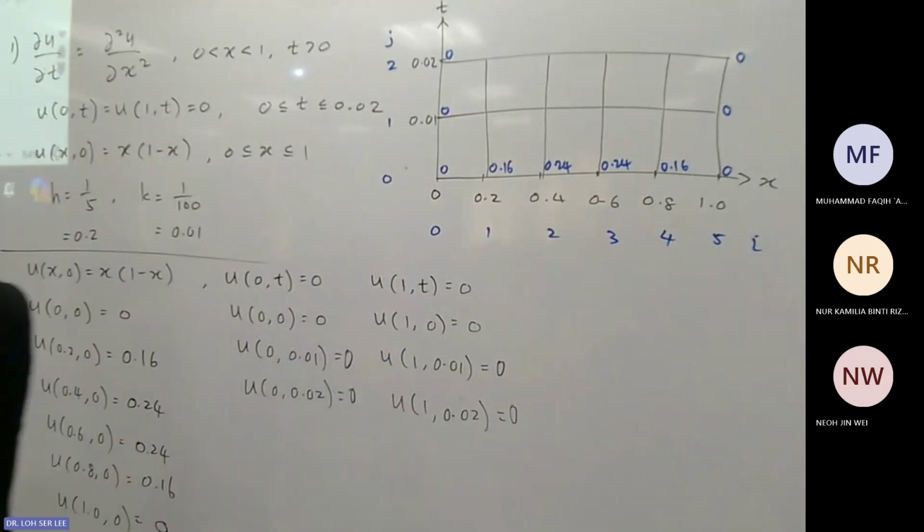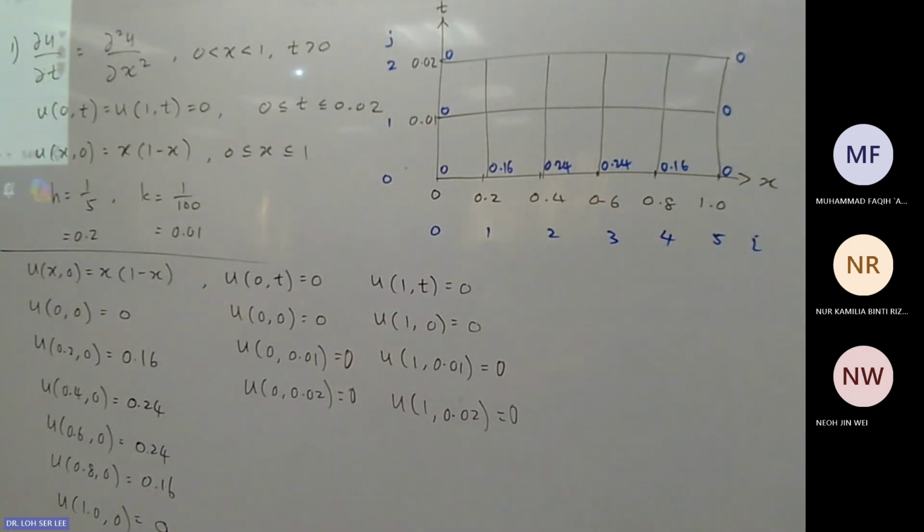Then label your internal points using the one item change. Label the points.